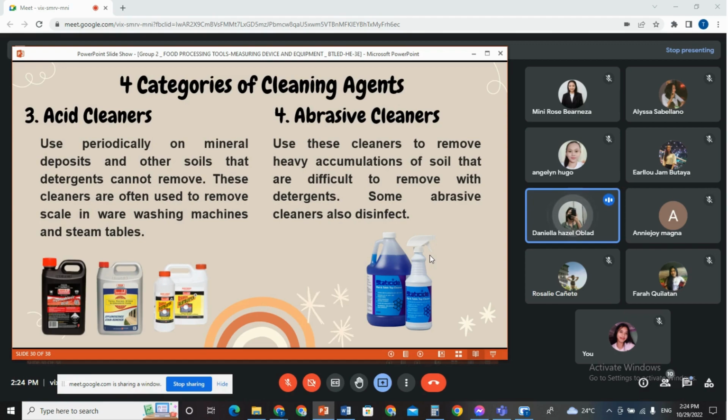Also effective against inorganic dirt and salt. Last, the abrasive cleaners. Use these cleaners to remove heavy accumulations of soil that are difficult to remove with detergent.